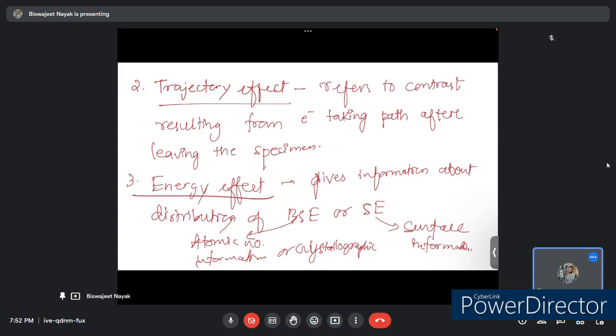So the atomic number contrast, let's say with the Everhart-Thornley detector which we talked about, usually gives information about the secondary electrons, and when they capture these SE1 signals, they also capture backscattered electrons which are directly emitted into the solid angle.